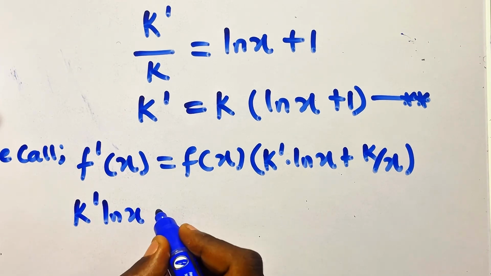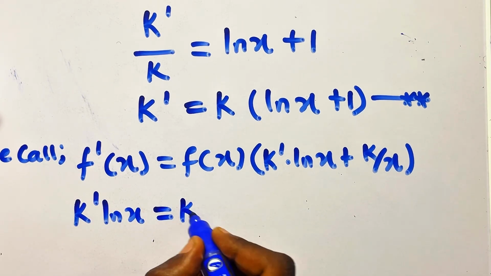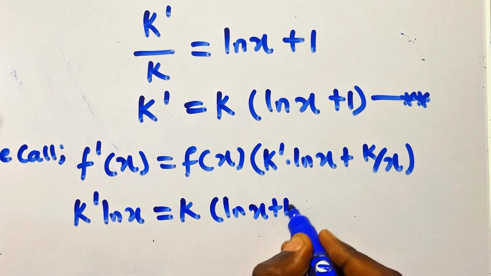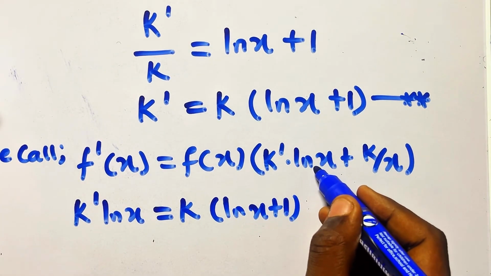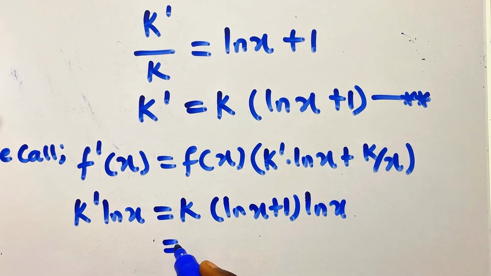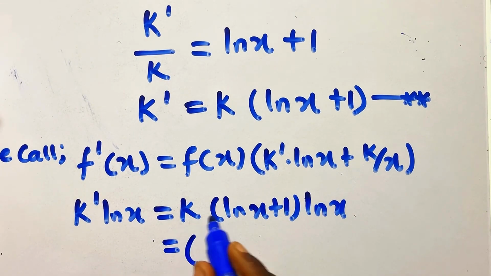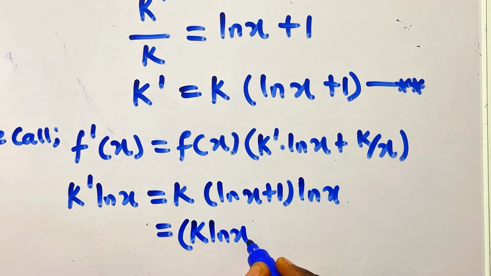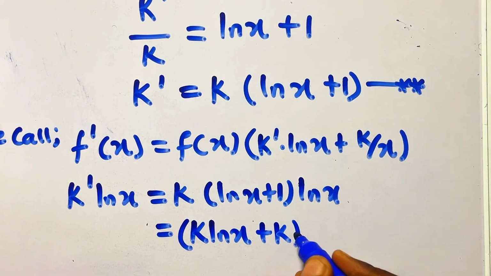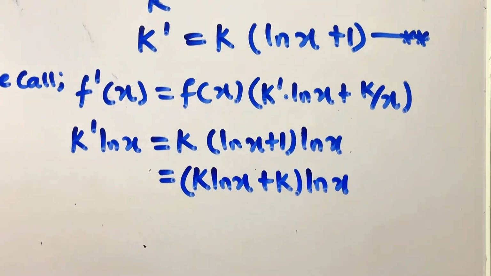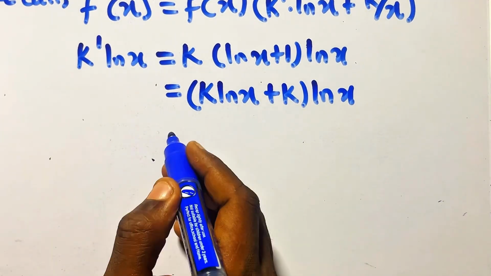We have k prime ln x equals k multiplied by ln x plus 1, then multiplied by ln x. Let's use k to multiply out these brackets: k ln x plus k, then multiplied by ln x.